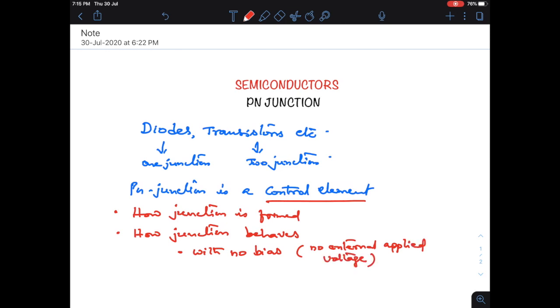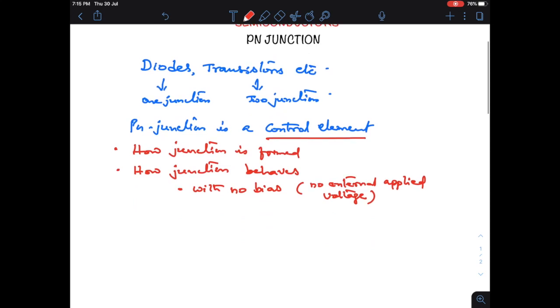So, with no bias, it is also called an open circuit p-n junction, and this I am going to discuss in this video.